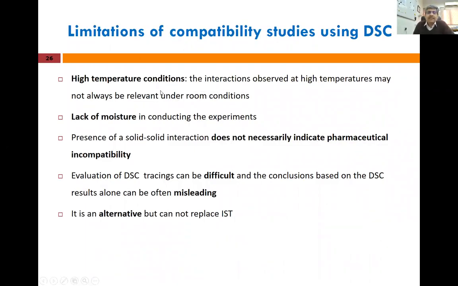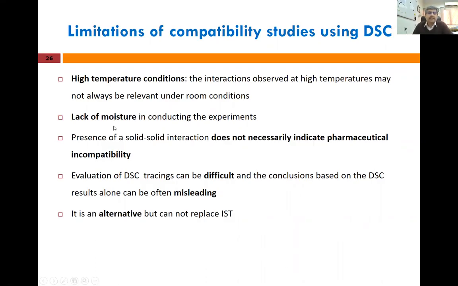The high temperature conditions that are involved in the DSC sometimes can lead to interactions that may never occur at the normal storage temperatures, which means the compatibility studies might show an incompatibility in the DSC studies, but in the isothermal stress testing, you will not see any incompatibility.